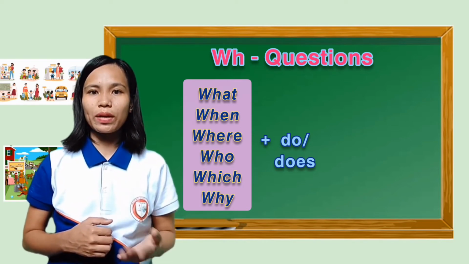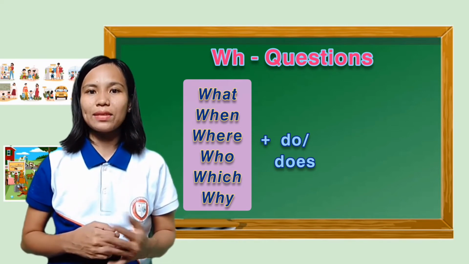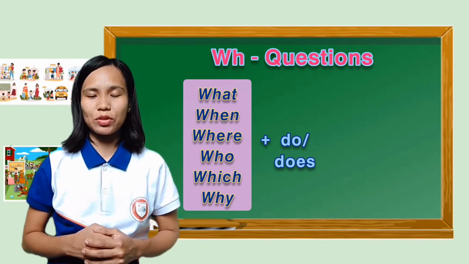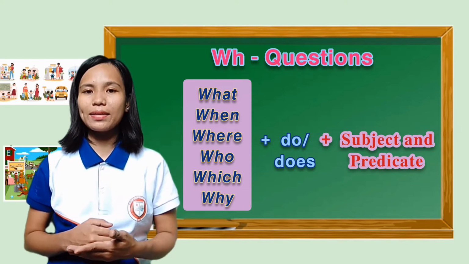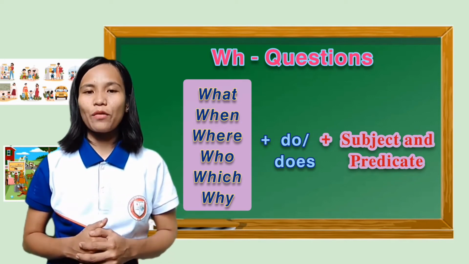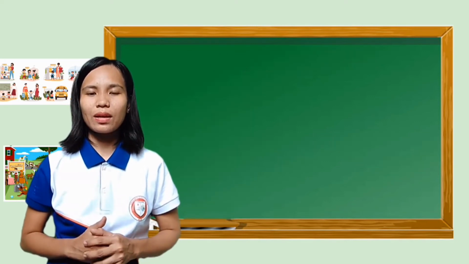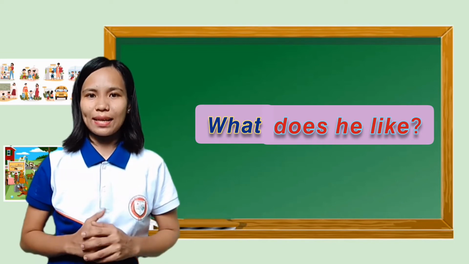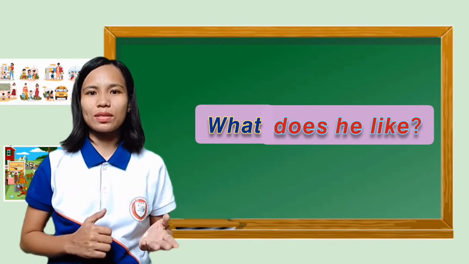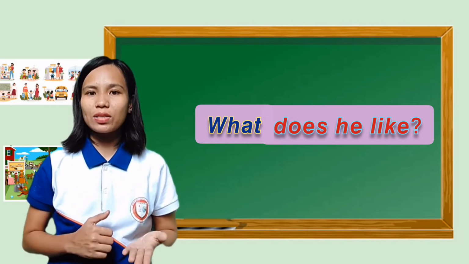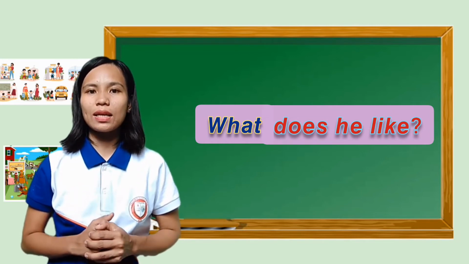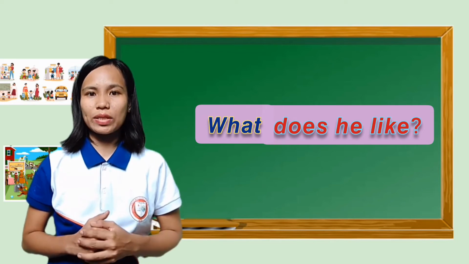We can use do if it is plural and does for a singular subject. Then plus the subject and the predicate. For example, what does he like? So what is our WH question starter? And then does, we use does because the subject is singular, which is he.